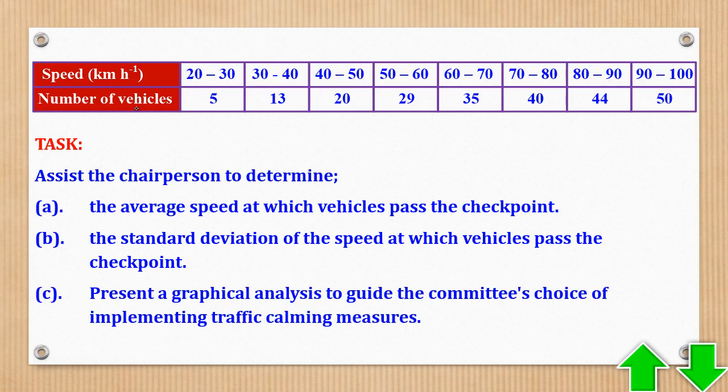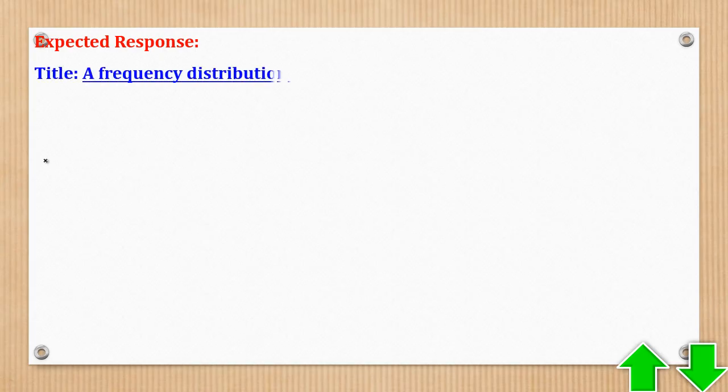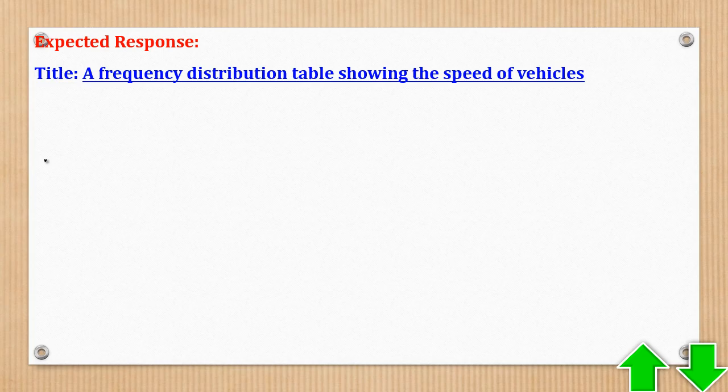So here, this is under grouped data. Like I told you, for this new syllabus, we don't cover ungrouped data. So if at your school you covered ungrouped data, then you can just ignore it because we start right away from grouped data. So this is grouped data, and the first thing to do when you're answering such questions is to tabulate, in other words, to draw a frequency distribution table.